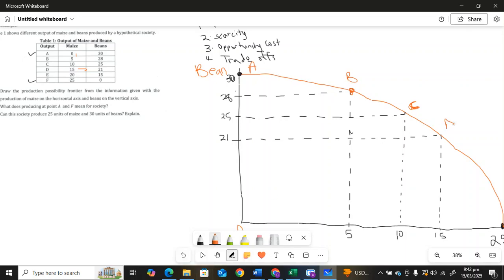Point D. Point E, 15 beans, 20 maize. So let's say 15 here.